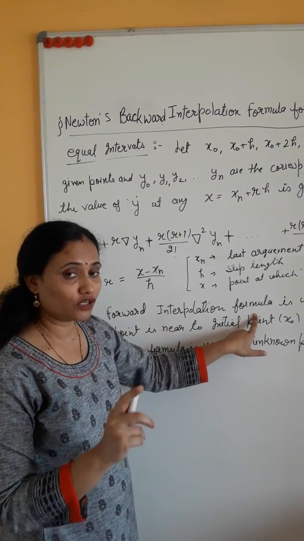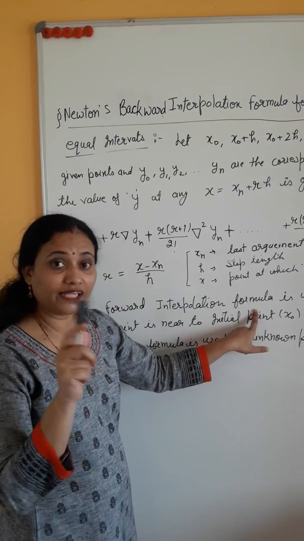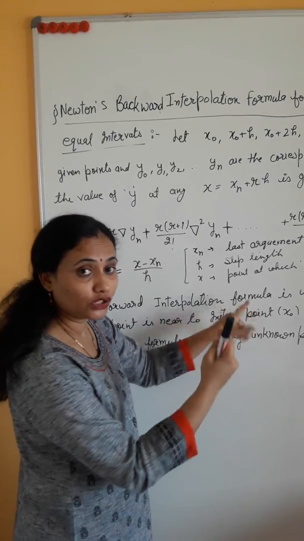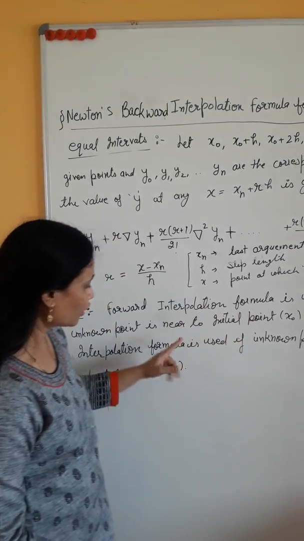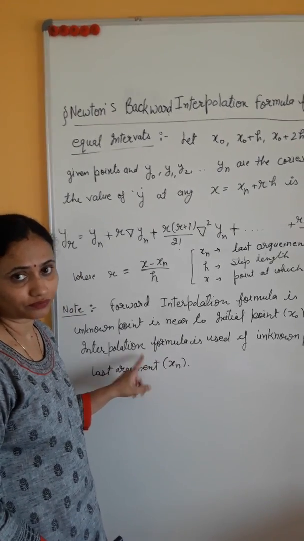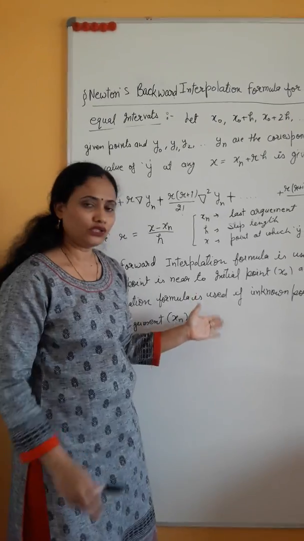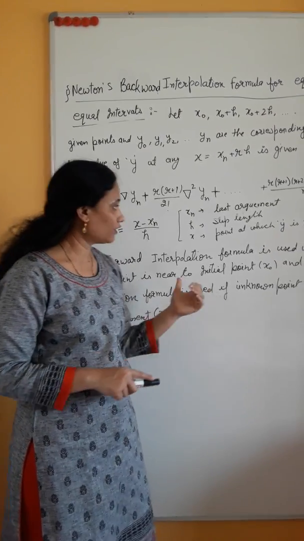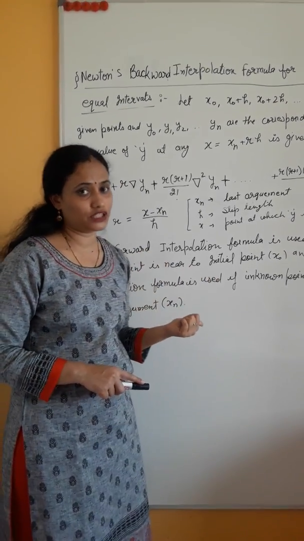And the second question was, if we have to find y3, 3 was closer to the last point, then for that we have to apply the backward interpolation formula. So as I told you, for y3 we have to use the backward interpolation formula.